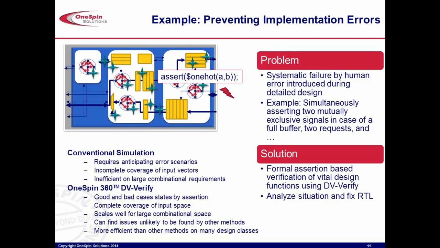So you're not relying on your input stimuli, on your test bench, to create the right scenario to hopefully expose the bug, but the formal will do it for you. So again, we have customers doing this for the verification of the vital function of the design. I would say it's a must, because you just cannot get this with simulation.